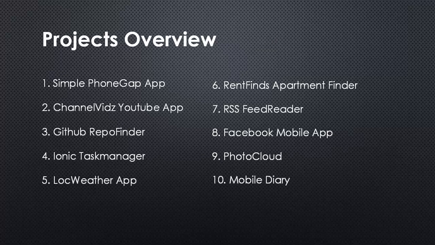Projects overview. So the first project is going to be a very simple phoneGap app. It's basically going to be just kind of a static website with a home page, an about page, and a contact page. The point of this application is to just get you all set up with your environment and the different kinds of things that you need to install, Node.js, NPM, phoneGap itself, things like that.